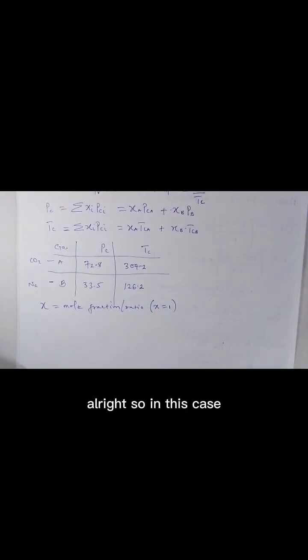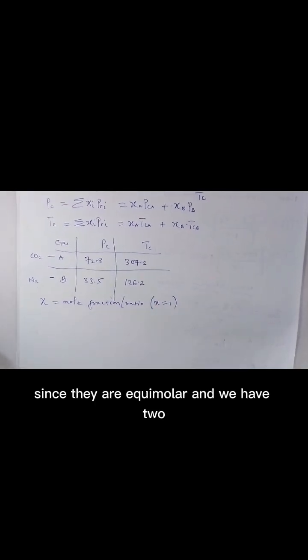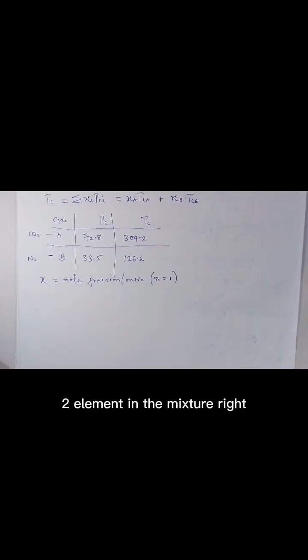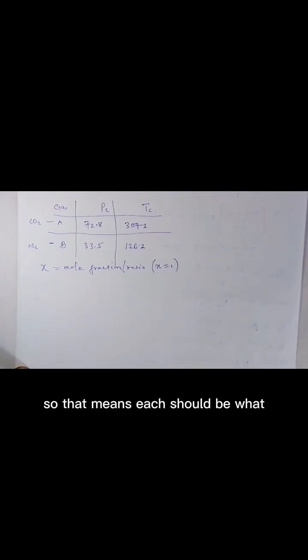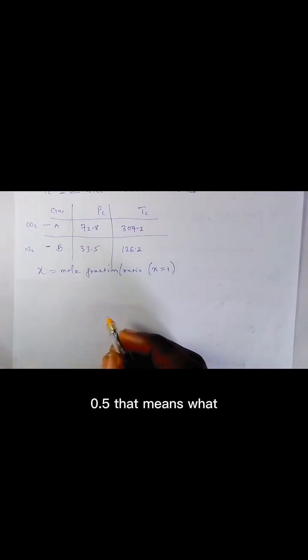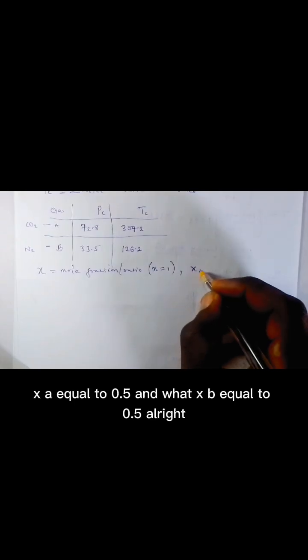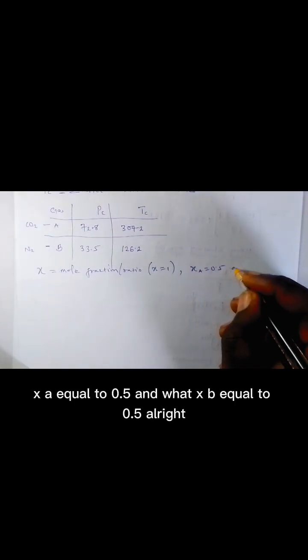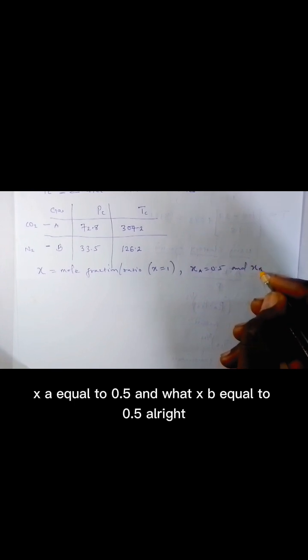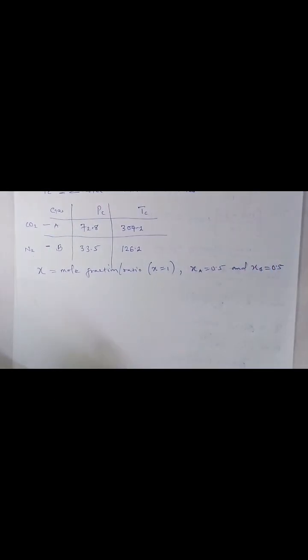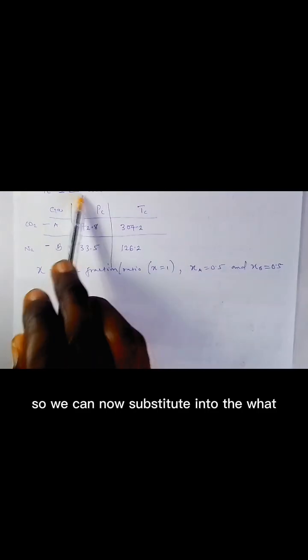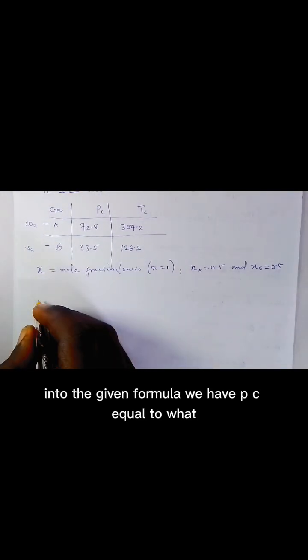All right. So in this case, since they are equimolar and we have two elements in the mixture, that means each will be 0.5. That means XA equal to 0.5 and XB equal to 0.5. All right. So we can now substitute into the given formula.